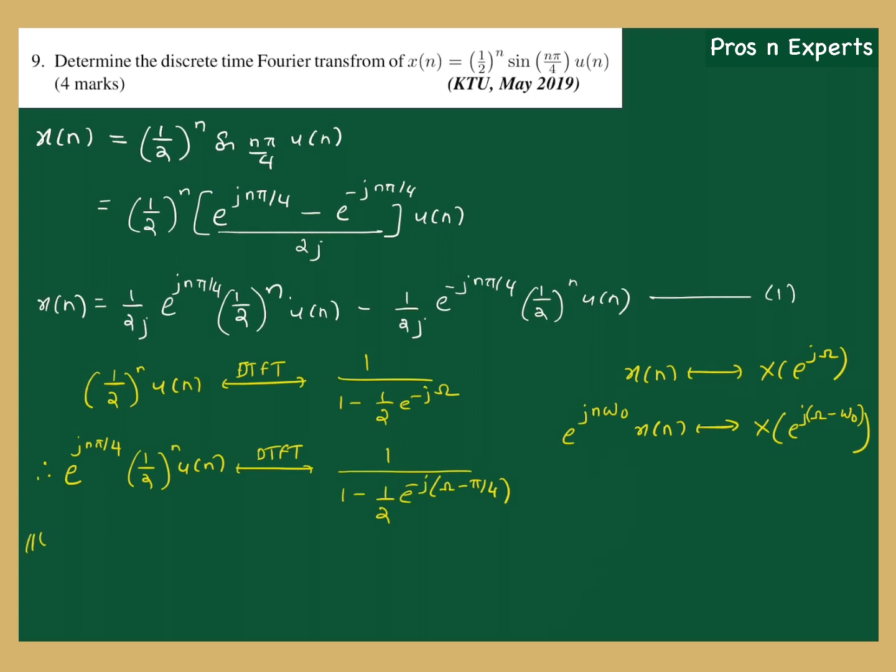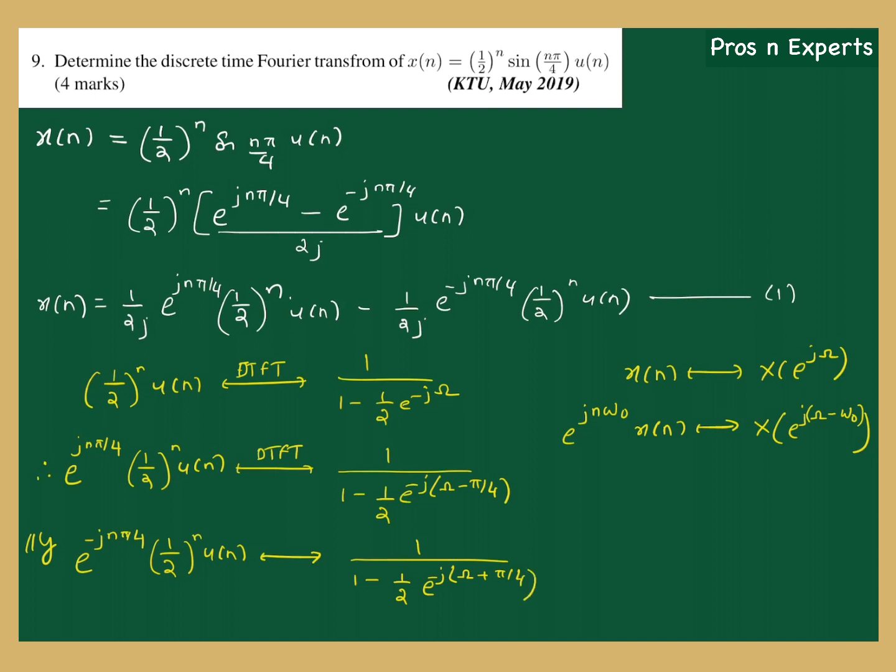And similarly I can write what is the discrete time Fourier transform of e raised to minus j n pi by 4 into half raised to n u of n. That would be 1 by 1 minus half e raised to minus j into, instead of omega, omega plus pi by 4.